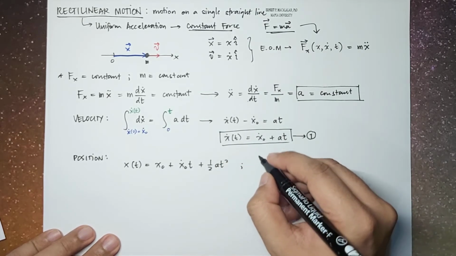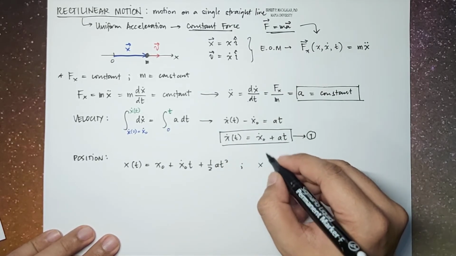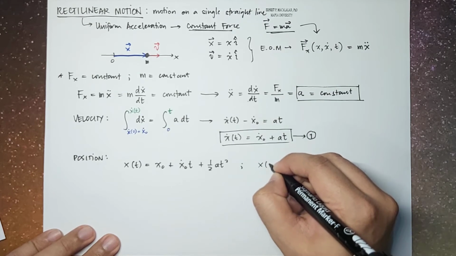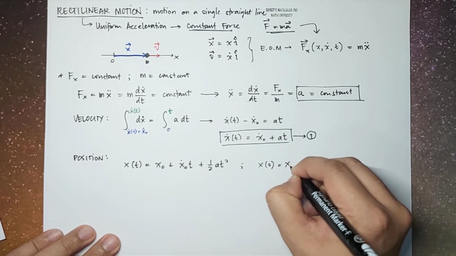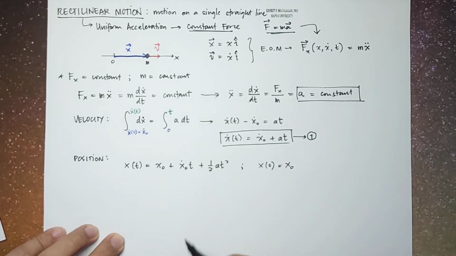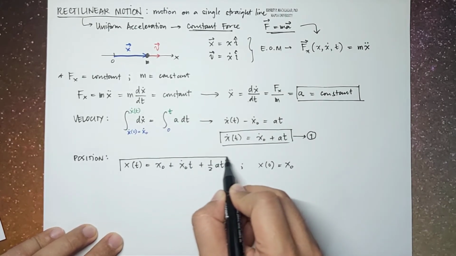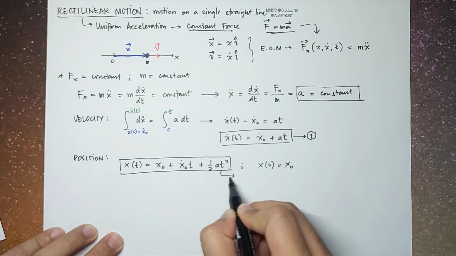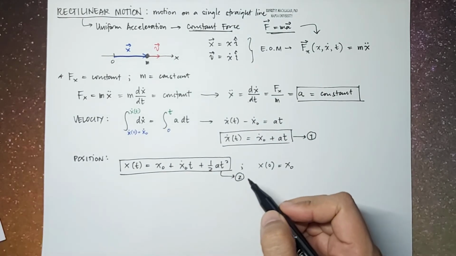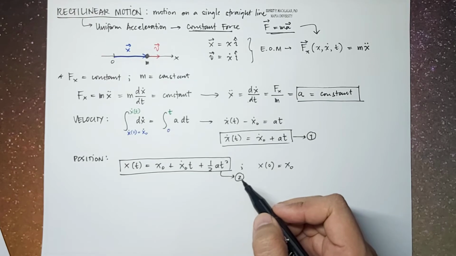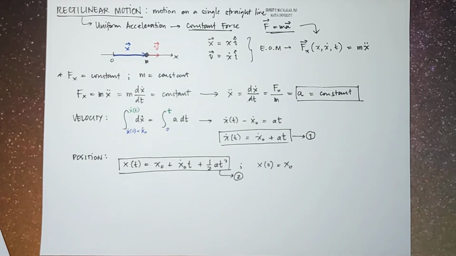Here we define that the position at time equal to 0 is x naught. You can do the integration later. Let's call this equation 2. As you will notice, these two equations are already familiar to you.